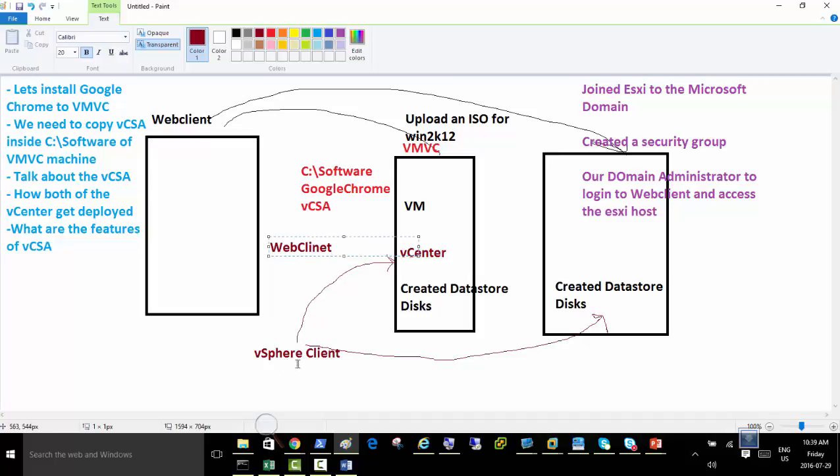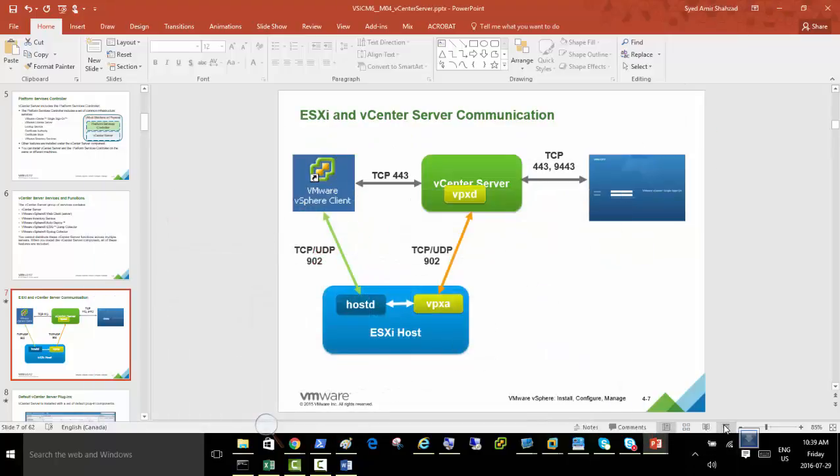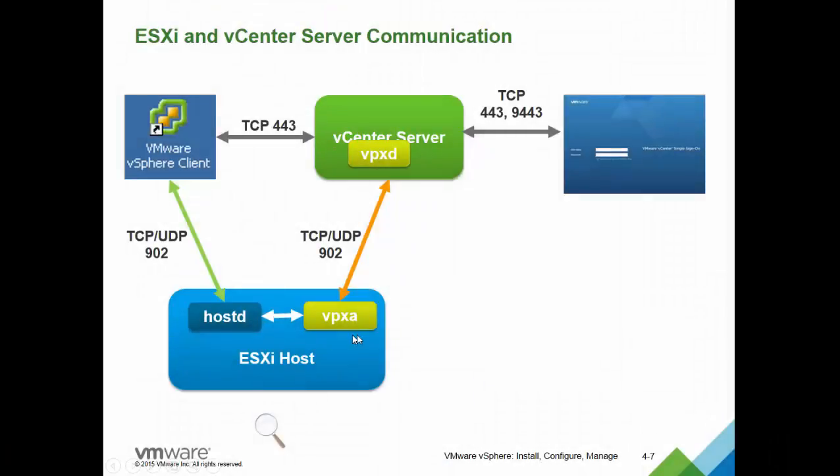We don't have to use the vSphere client, but we did install it last time just to know how to use it. So hostd and VPXA are the agents with which we try to communicate. The vSphere client communicates through the hostd daemon, or service, to communicate with ESXi and do remote tasks. So that's the hostd service.